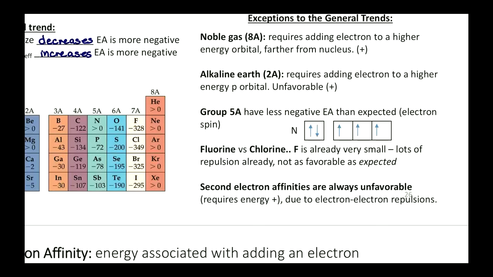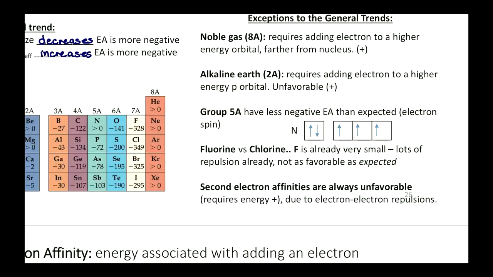And then last here, we would predict, because fluorine is our smallest atom, that it would have the most negative electron affinity, but we actually don't see that. We see chlorine actually has the highest electron affinity. The reason fluorine here isn't more negative, because we see the trend here, it's kind of weird. We would expect this to be like negative 400, but it's not. It's because fluorine is really, really small. So if we add an electron, we're filling up that 2p subshell.